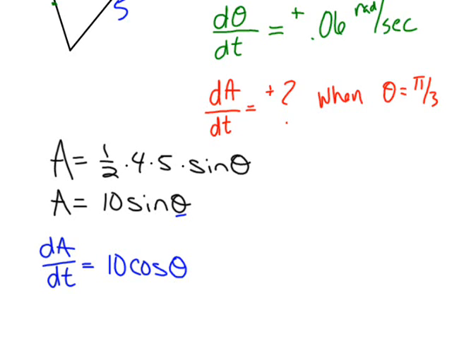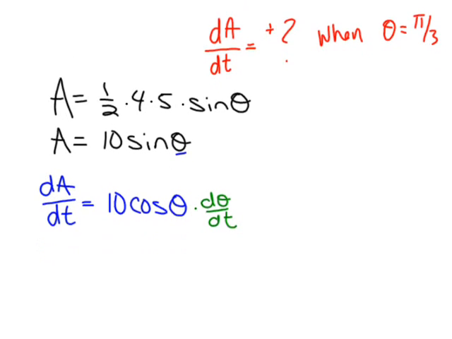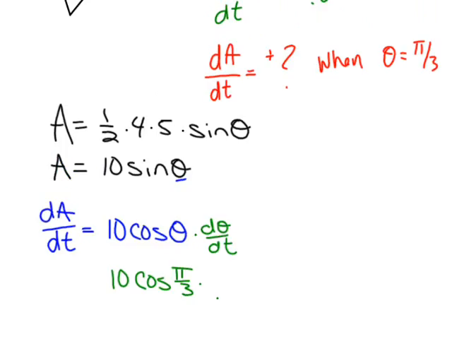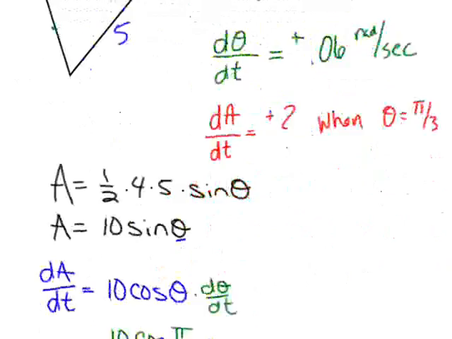And then you're going to take the derivative of theta with respect to t. So you multiply it by d theta/dt. Next, we plug in what we know. So we know that our theta is pi thirds, and our d theta/dt was 0.06.